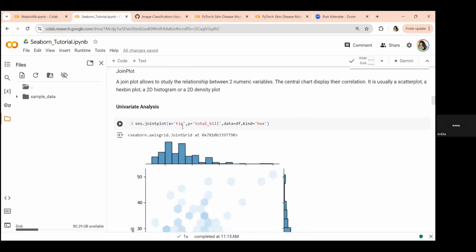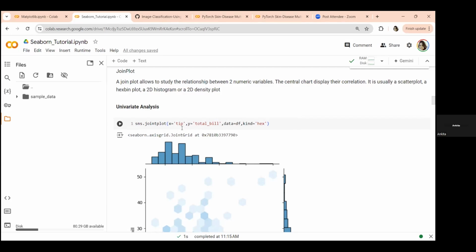With the help of this joint plot, we represent the univariate analysis.